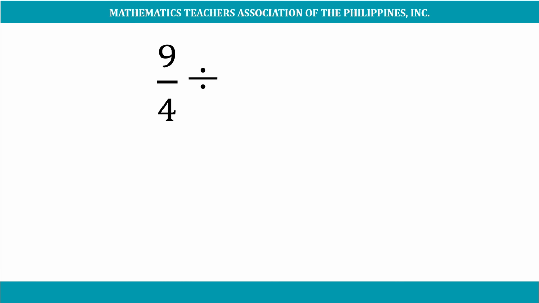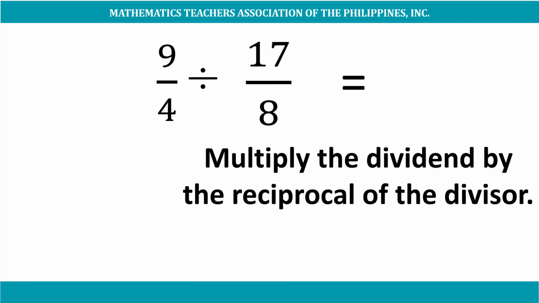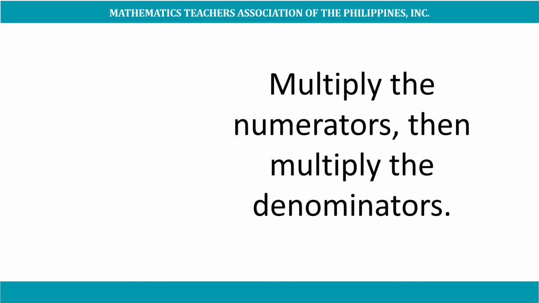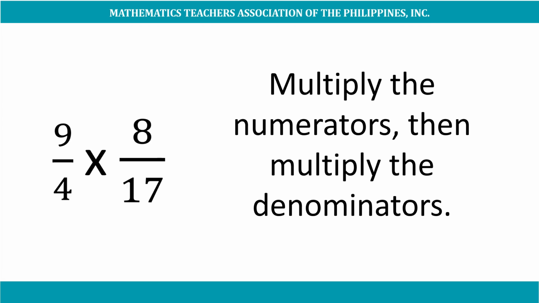For the next step, multiply the dividend by the reciprocal of the divisor. That is, 9 over 4 times the reciprocal of 17 over 8, which is 8 over 17. Then multiply the numerators and multiply the denominators. So 9 over 4 times 8 over 17.